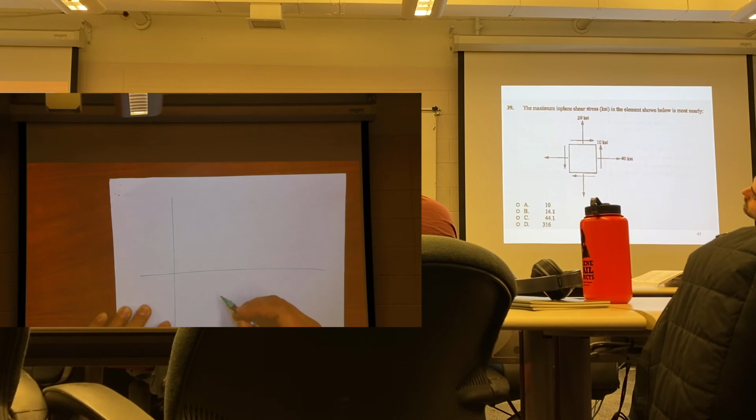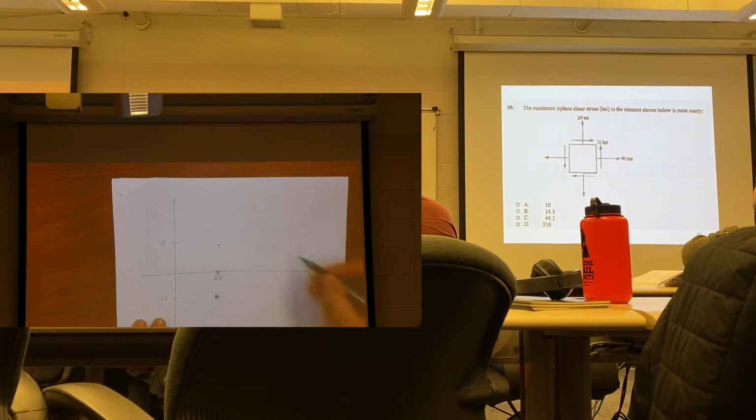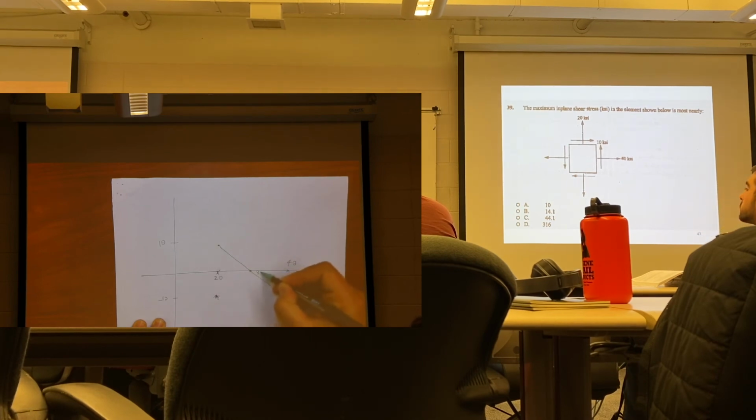You have 20 and negative 10, and you have 20 and positive 10, and you have 40 and negative 10. Which means that your center is at 30, and your radius is the square root of 10 squared plus 10 squared, the square root of 200, which is 14.1.